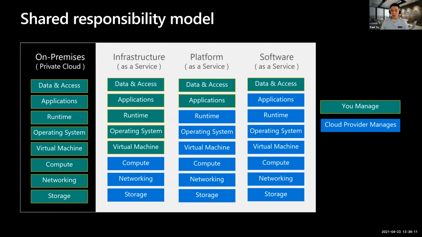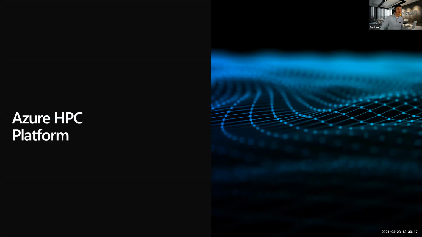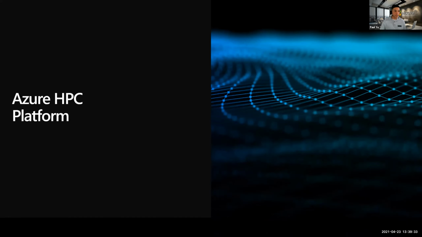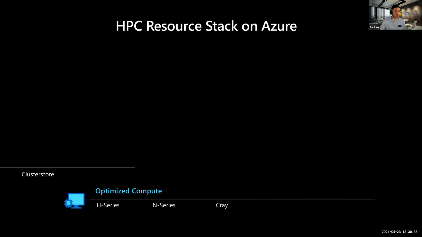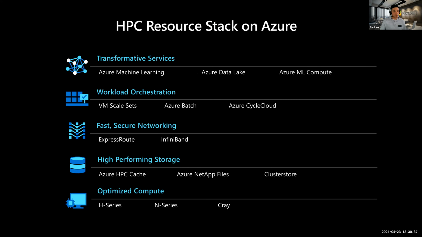Okay, so the next bit that I want to jump into at a pretty high level is talking about what we can offer in terms of HPC on Azure. There are a lot of different things that come with HPC, and a couple of different objectives that you want to accomplish.